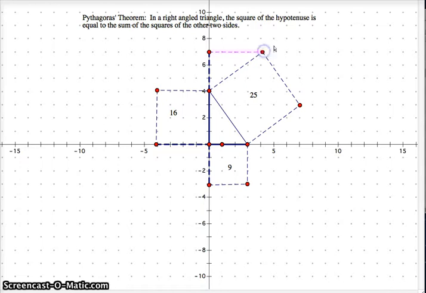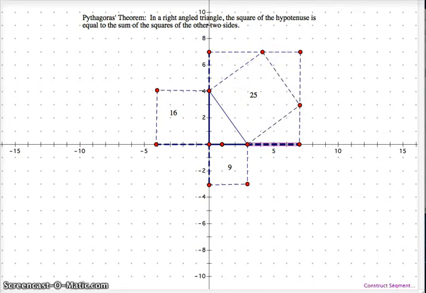That's one. Then I go over from here to here, then down to here, and then down and over to here. What I have done is drawn this area, which is a square, which is 25, 5 on each side.